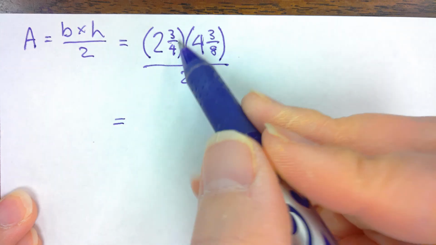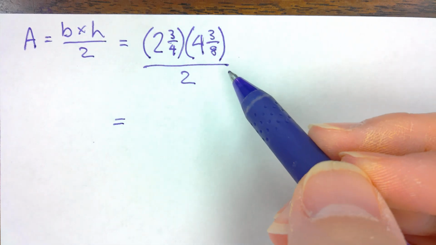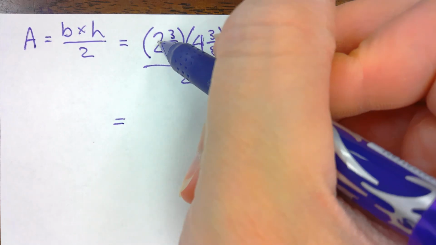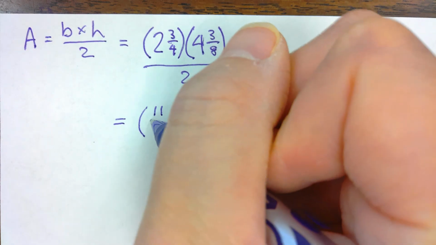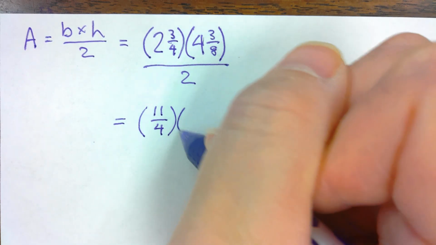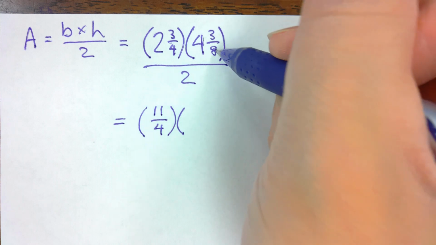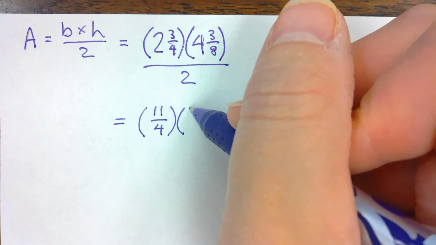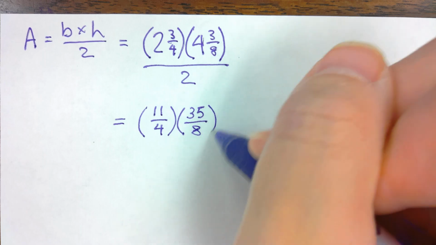First thing, just like what we did yesterday, we have to change these to improper fractions. So 4 times 2 is 8, 8 plus 3, 11. So 11/4. And then 4 times 8, 32, 32 plus 3, 35. So 35/8.